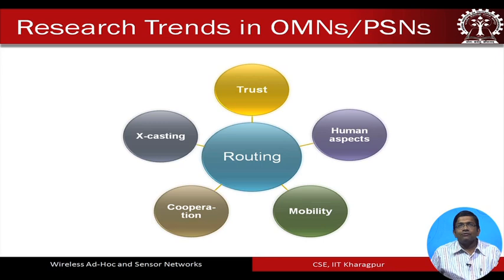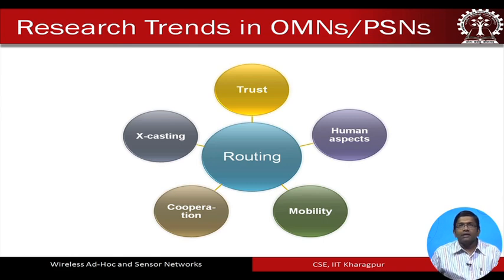In terms of OMNs and PSNs, there are lots of research works going on. Most of the research works on OMNs focus on routing. There are other issues: cooperation, and there is a certain volume of literature on different types of casting, multicasting, broadcasting, anycasting, geocasting, and so on.